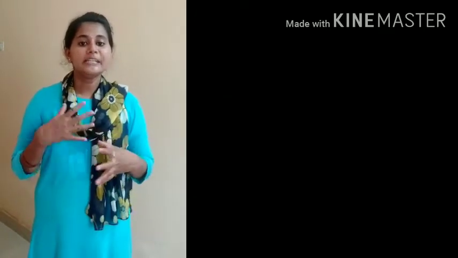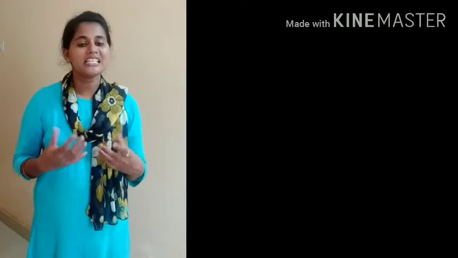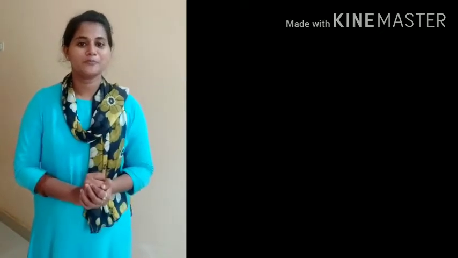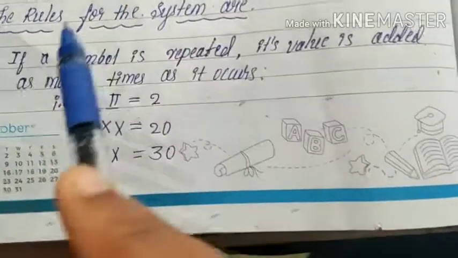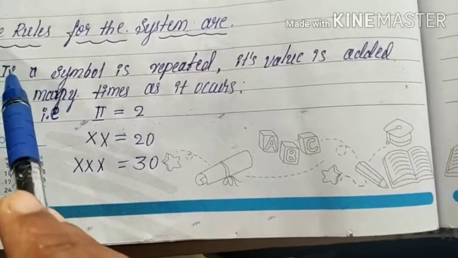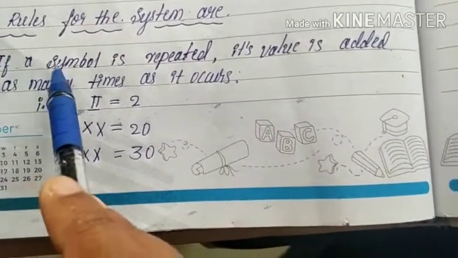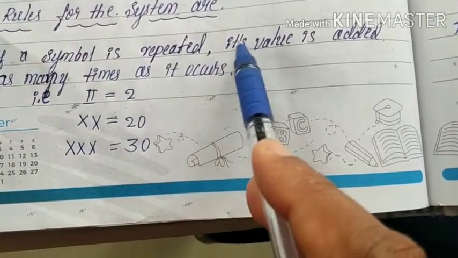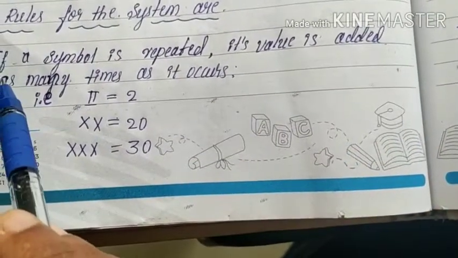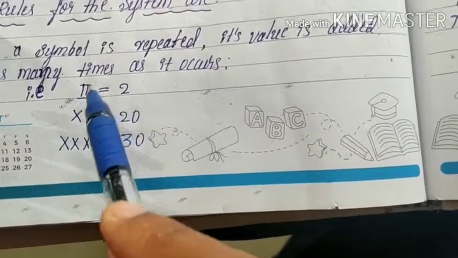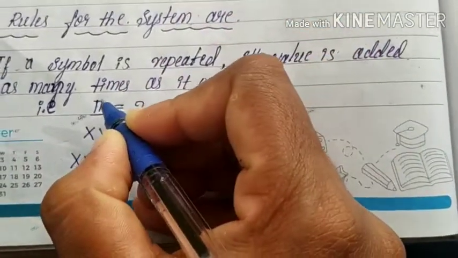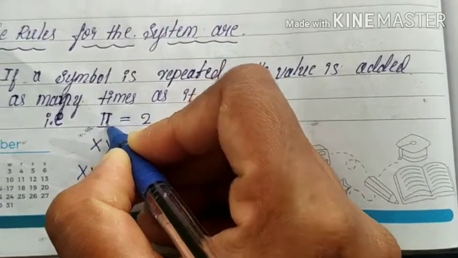We will study the rules of Roman numerals deeply in my explanation zone. We have all studied the Roman numerals. Some rules are there. We will see them one by one. First rule is: if a symbol is repeated, its value is added as many times as it occurs, right? If 2 is there, we will write 2 as a double bar, right?